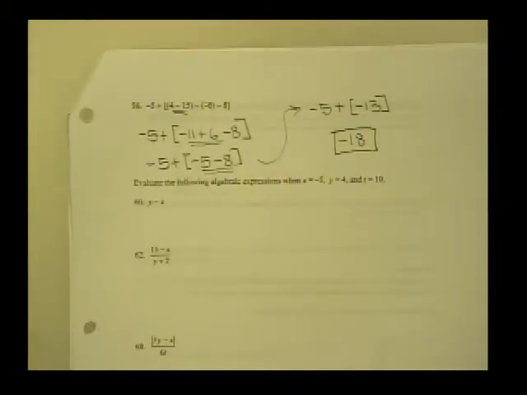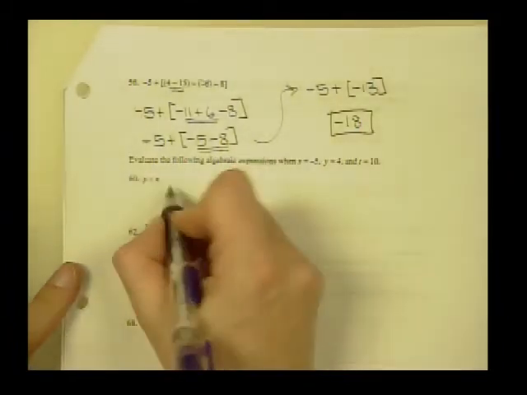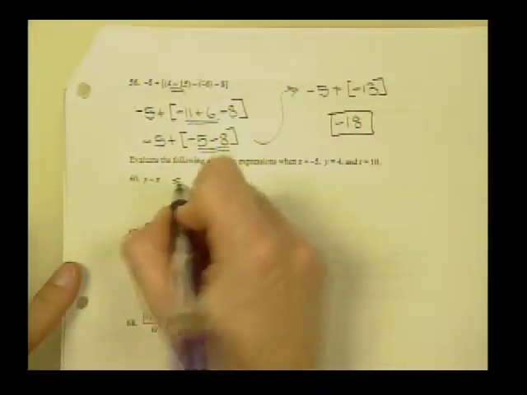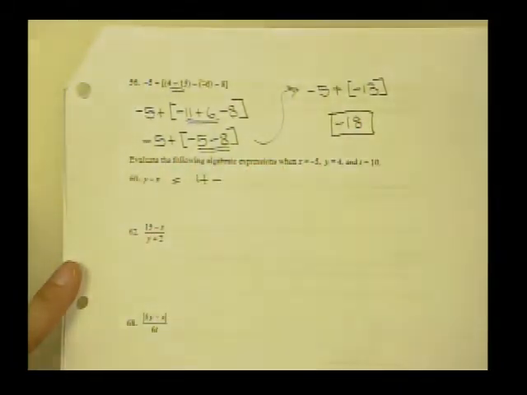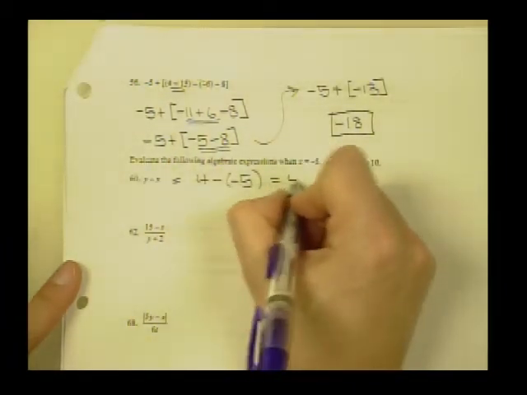Okay, the next three problems deal with subtraction, but they also introduce variables that they want us to substitute in. So what are we putting in place of y? 4 minus what? -5. And again, we have here a minus and a negative, so that's plus.